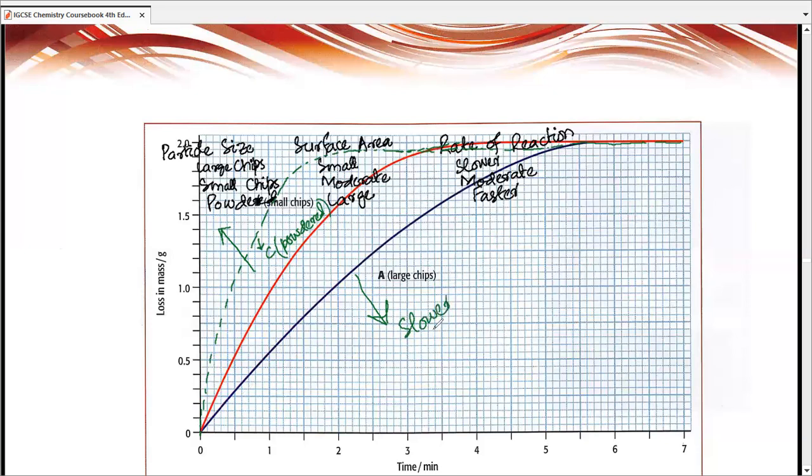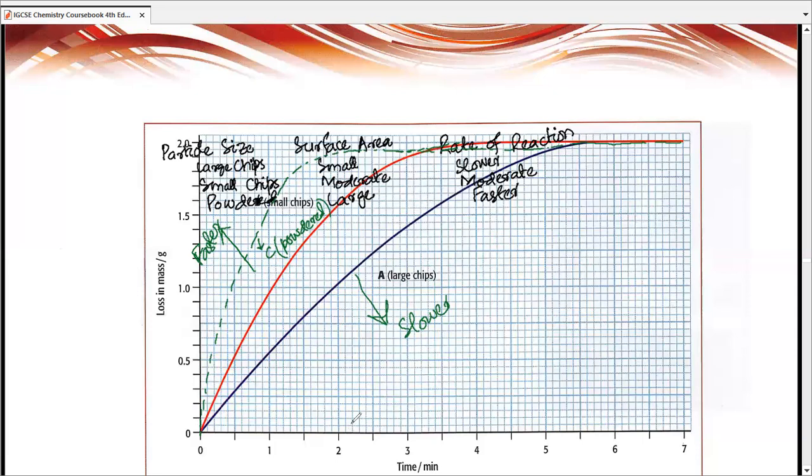I mean, the rate of reaction, of course, from the graph. And the more it goes towards the y-axis, the faster the whole rate of reaction is going to be, because we're going to jump up the values straight in the first few minutes of the graph.